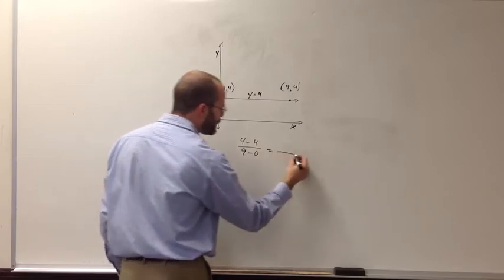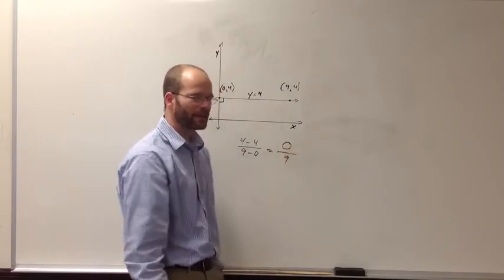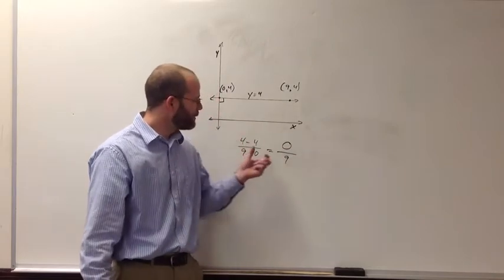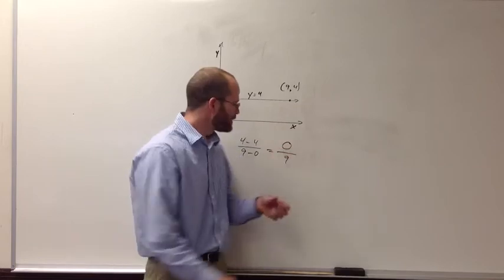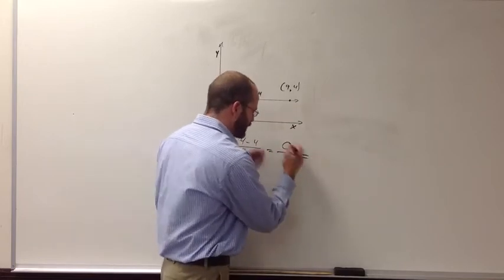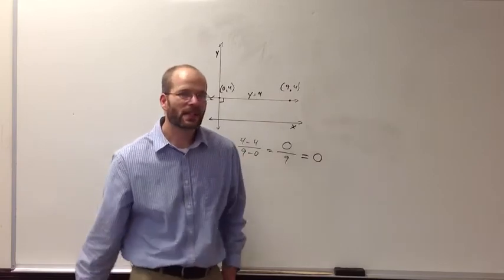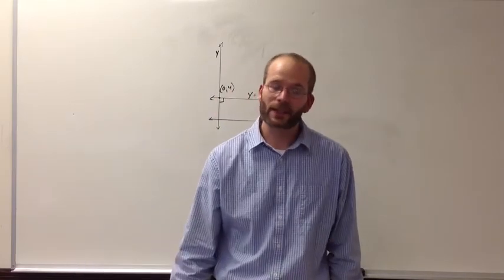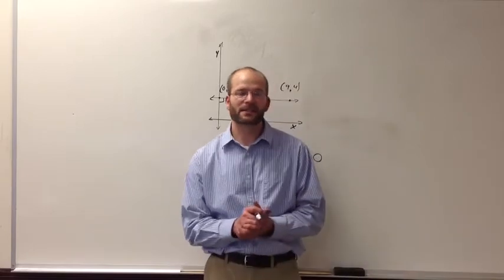You can see the denominator, of course, comes out to be 9. But the numerator is 0. And that's why I said we could probably stop right there. Because no matter what the denominator is, if the numerator is 0, then the value of this fraction is also 0. And so we say that horizontal lines always have a slope of 0. We say there is no slope, which is just another way of saying there is 0 slope.